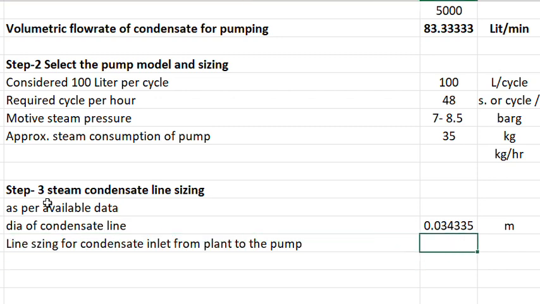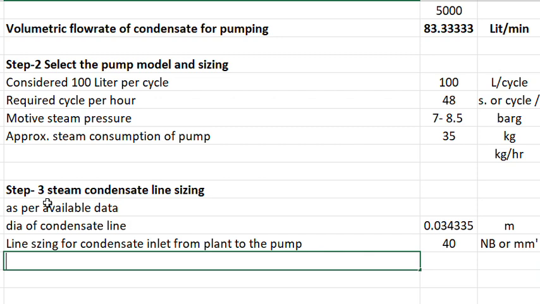The line size is 34, which is non-standard, so we take the standard line size, which is 40 NB or mm.